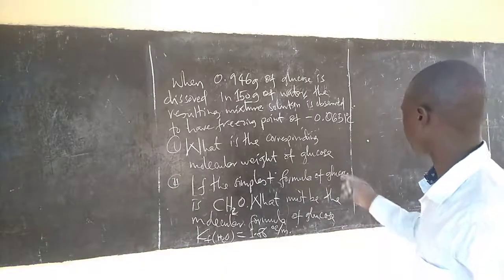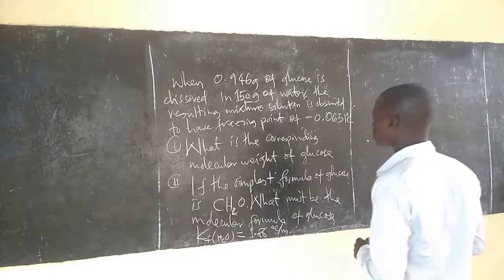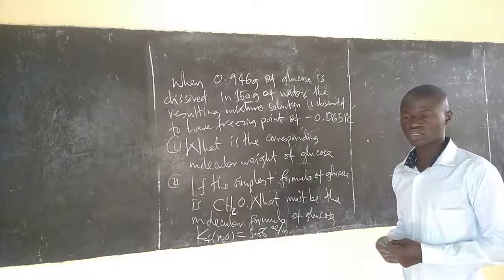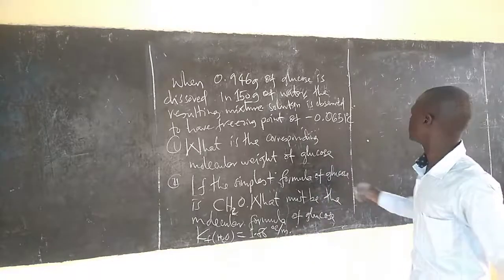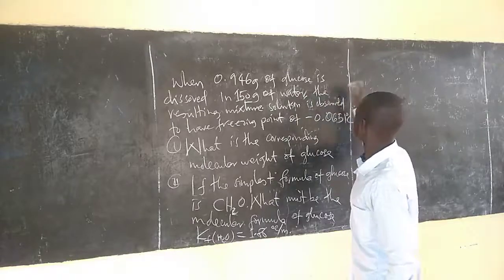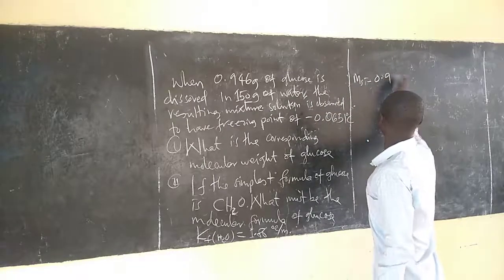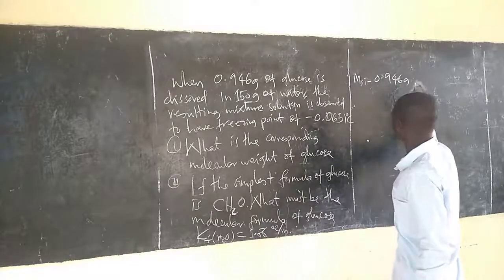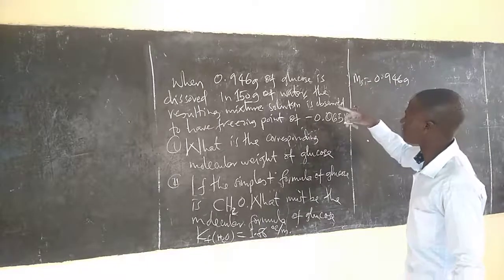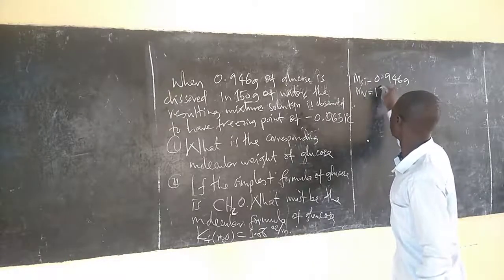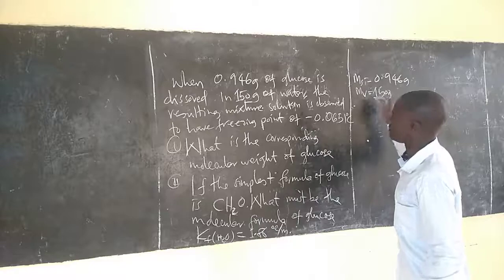Then what is the corresponding molecular weight of glucose? So what we do is, we have been given the data. This mass of solute is 0.946 gram. From there, mass of solvent is 150 grams.